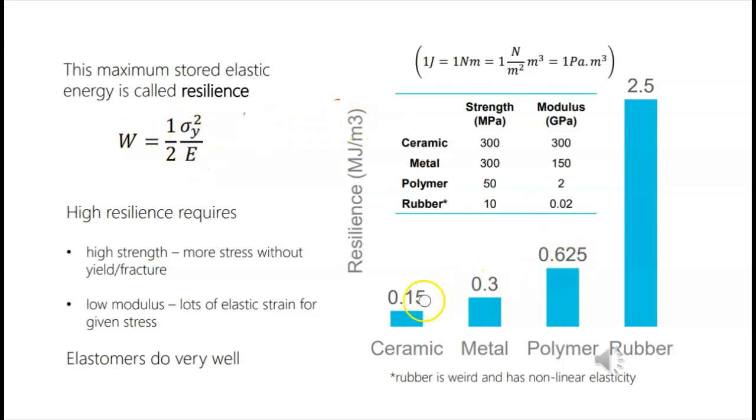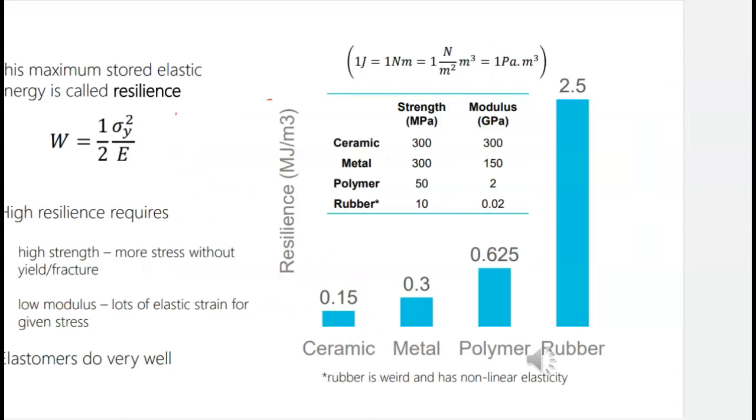Just to give you some resilience values, rubber has a resilience value of 2.5. The reason is that rubber has a very low elastic modulus. Ceramic has a very high elastic modulus, hence its resilience value is very low.